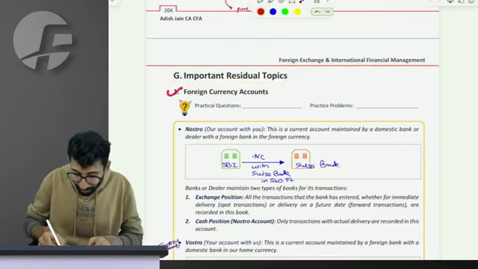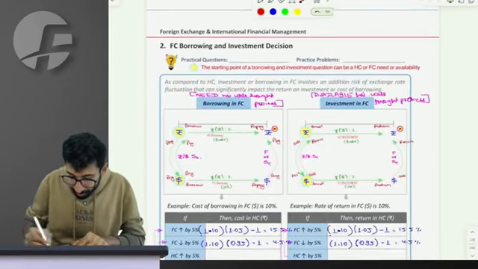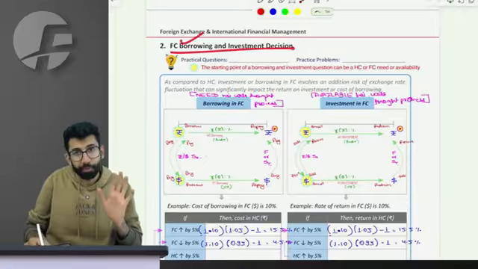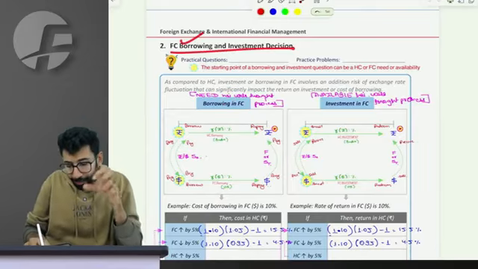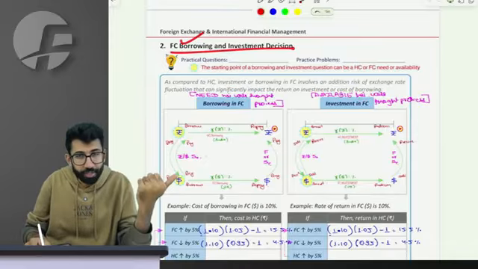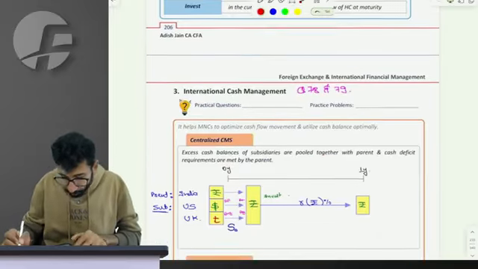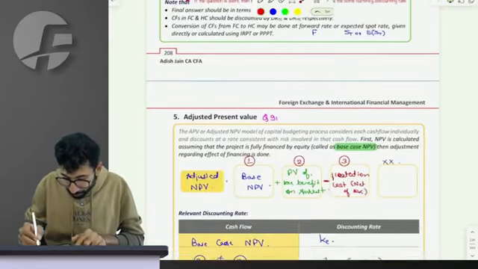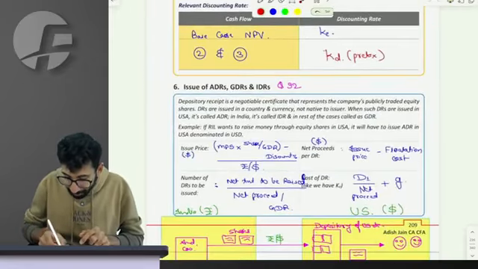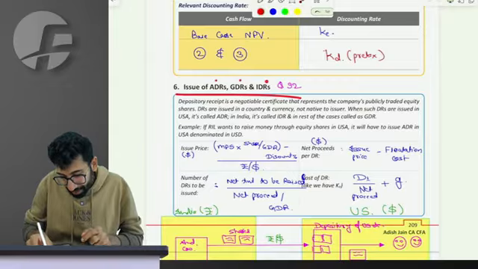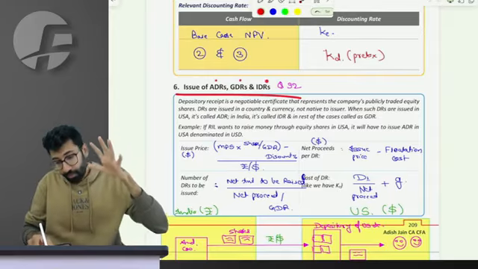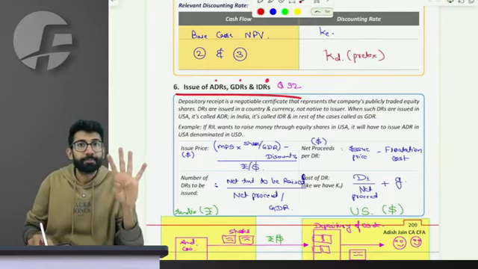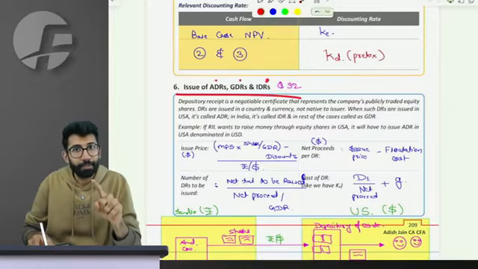In this section, we have foreign currency account, we have foreign currency investment borrowing. These two topics specifically belong to the Forex chapter, right? Rest of the topics like international cash management, international capital budgeting, adjusted present value, and issue of ADR, GDR, and IDR. These 4 topics belong to advanced capital budgeting.